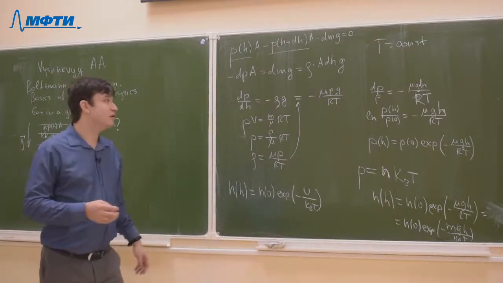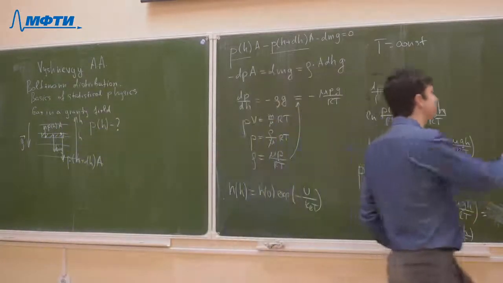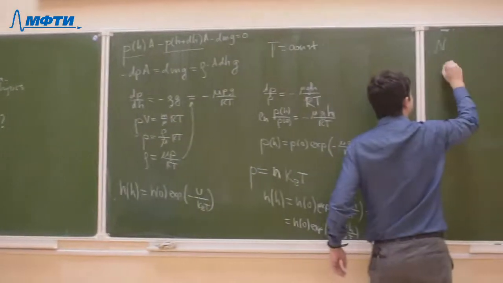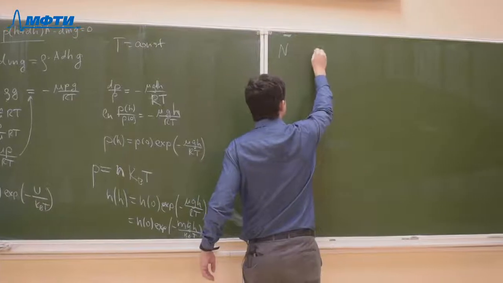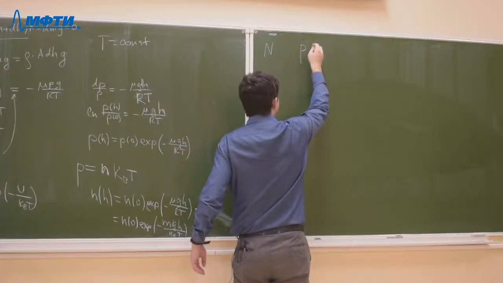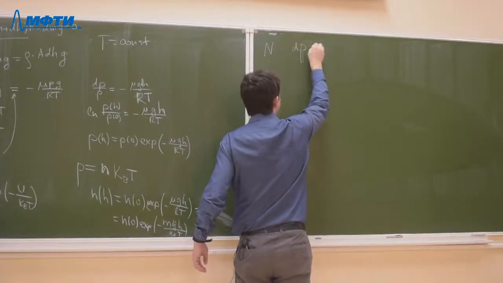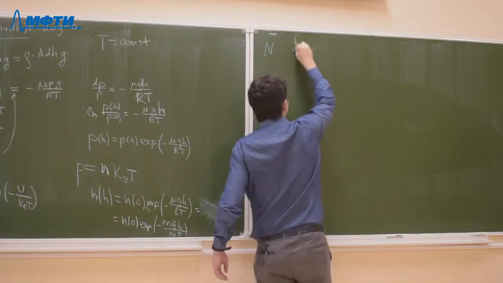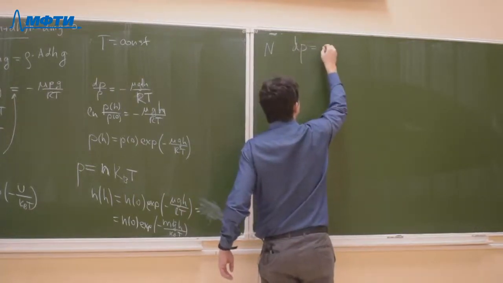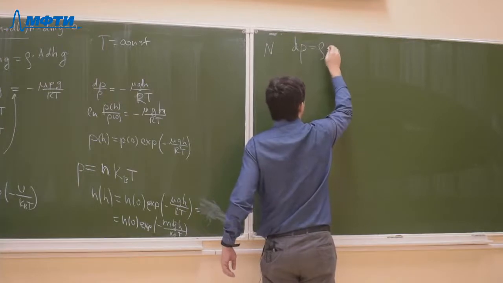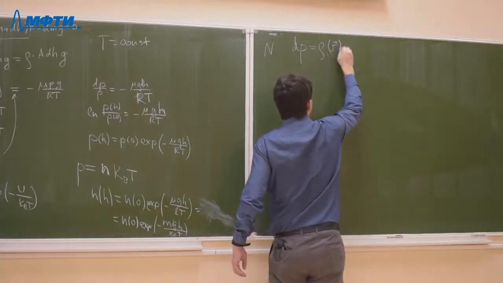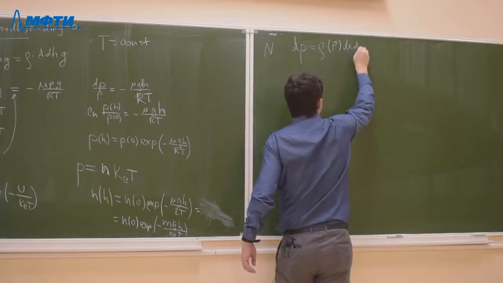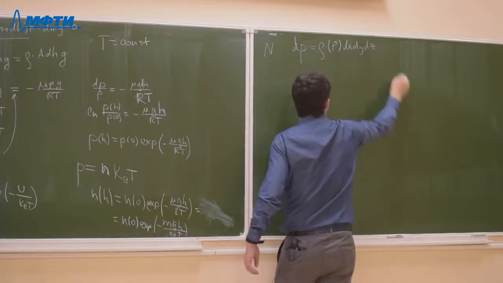Let's assume that we have n molecules, and we are interested in the probability density of a certain molecule to be found in a small volume of space. So let's say this is rho of R, and then I multiply it by dx, dy, and dz.